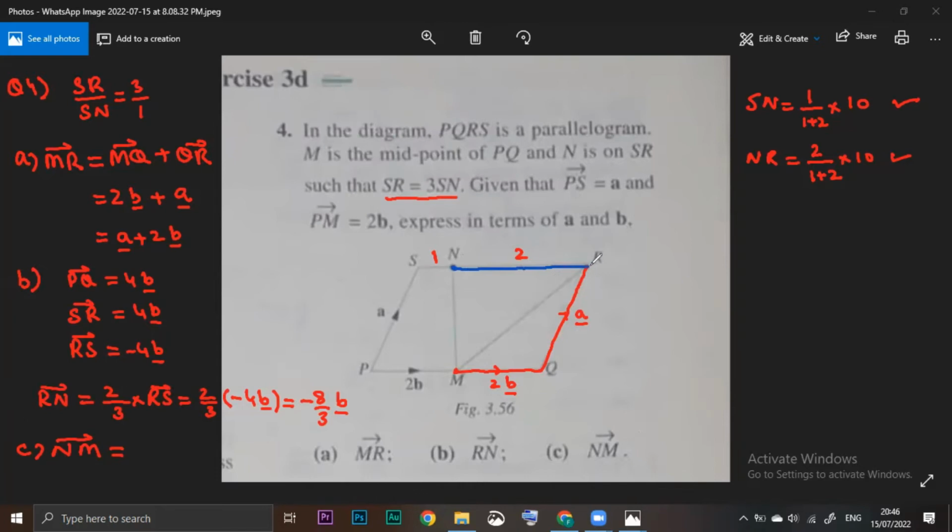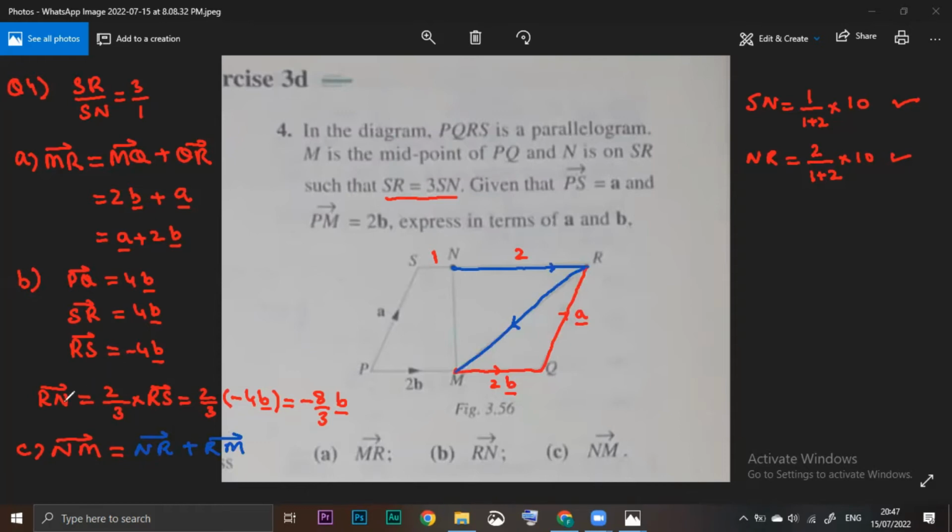Now I will use the path RM because in part number A I have MR. Now the components of NM are NR plus RM.